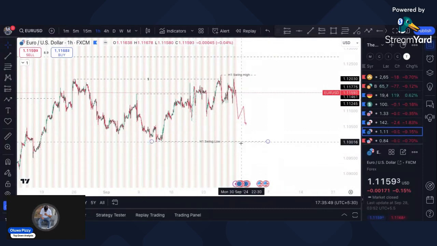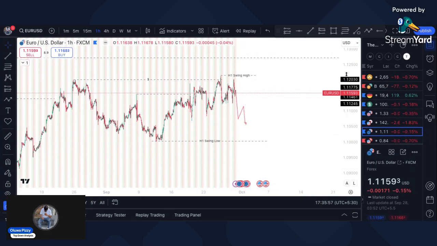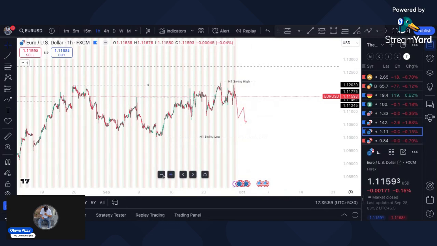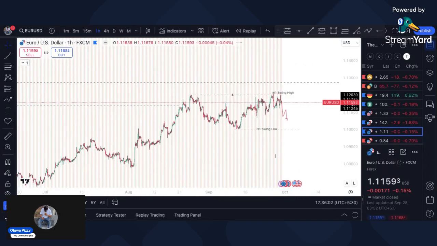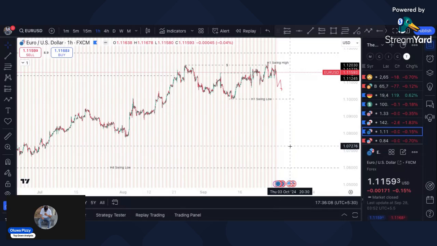Once in this new week, if this low is taken out before this high, that means this trend will go deeper. We retrace deeper, probably comes to break this low. Okay, it's a probability market.